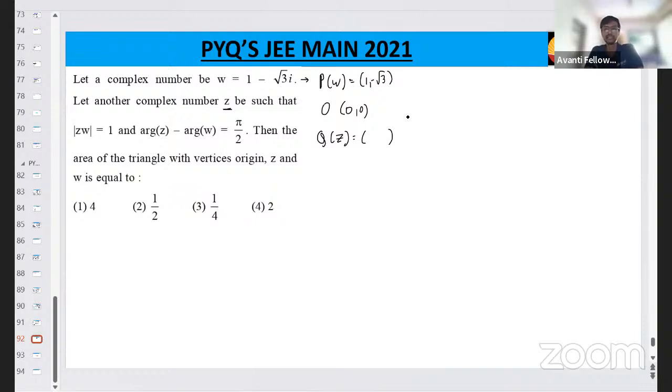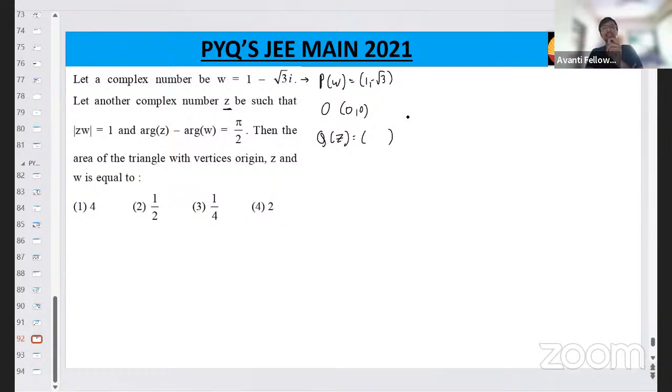So if I get the coordinates of O, P and Q, I can very easily find the area of the triangle, right? So our aim in this question should be getting the coordinates of Q.